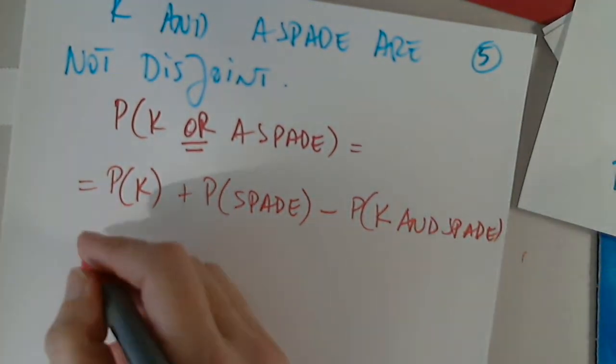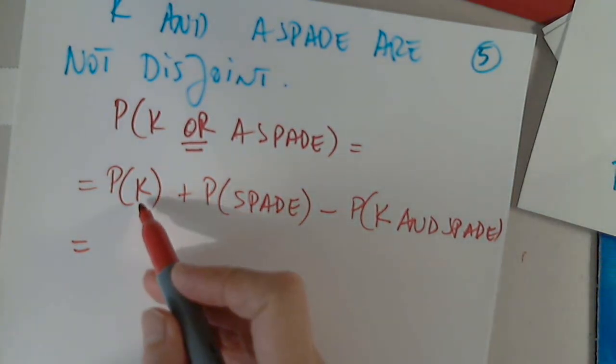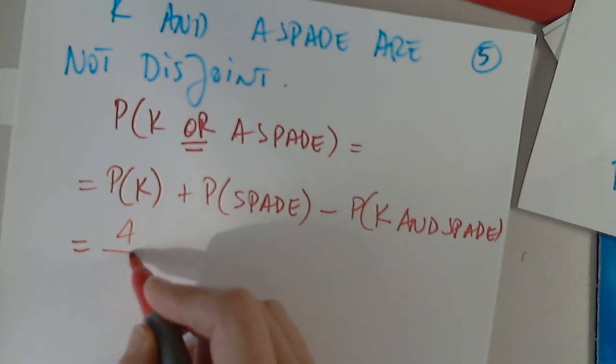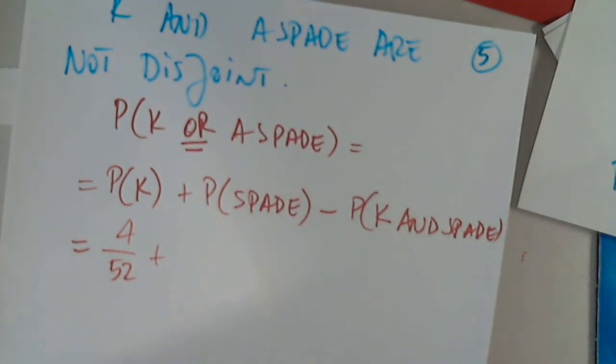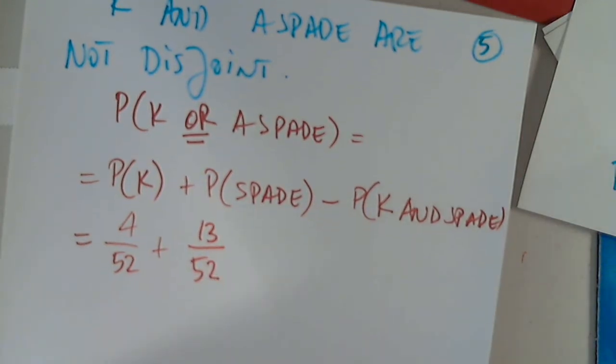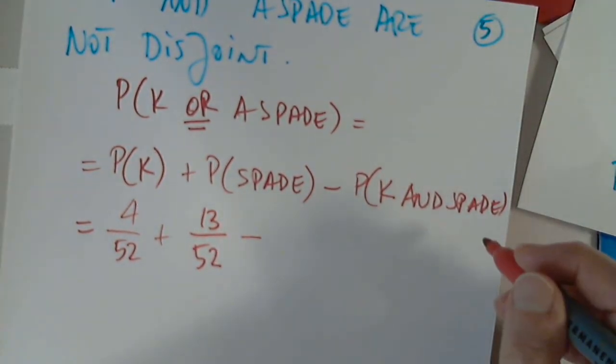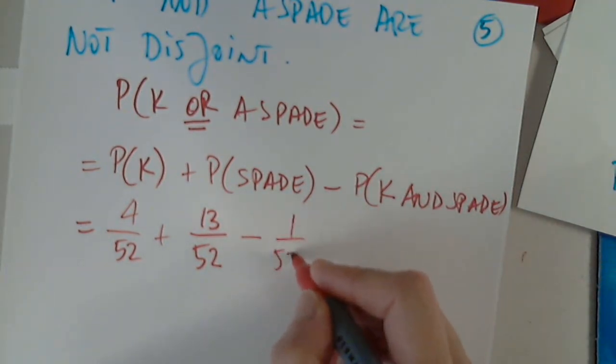So then, I'm going to put them all over 52 for simplicity. The probability of a king was 4 divided by 52, plus the probability of a spade was 13 divided by 52, and minus the probability of a king and a spade at the same time was 1 over 52.